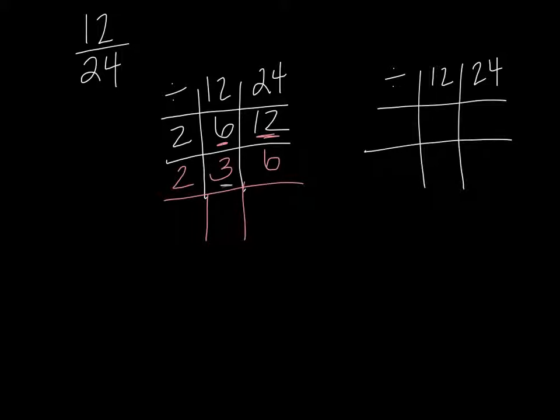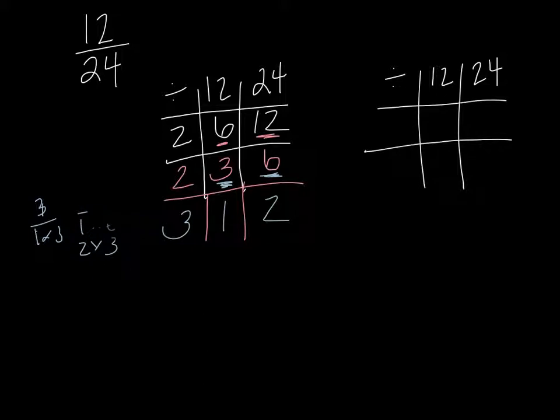So now I'm looking at 3 and 6. And the only number I can think of that makes 3 and 6, besides 1, would be 3. So I can use the number itself. 3 divided by 3 is 1. 6 divided by 3 is 2. Now, because I see a 1 in my slide method, I know that I must be done.